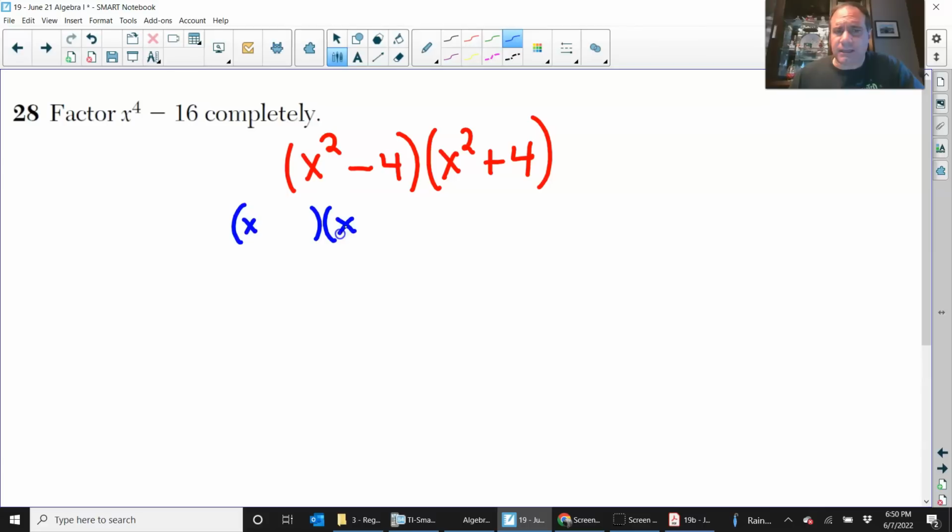So we're breaking it down further because it says factor completely. You know there's not just one step. But what times what equals negative 4, positive 2 and negative 2. And then this just stays like this, and you are finished. You factored it completely. It is done. And you can move on to the next question.